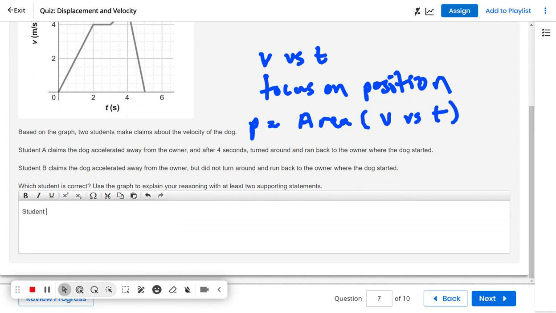So student B is correct because after finding the area of the curve, you will have a positive area, not a 0 area, to show that the dog returned to the owner.